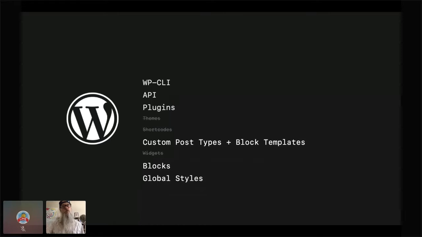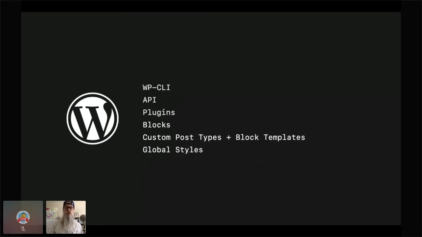Themes can even help inform block templates and things like this. Those combined together are going to give us a different view of how WordPress operates. But I think it's going to benefit us in the long run.